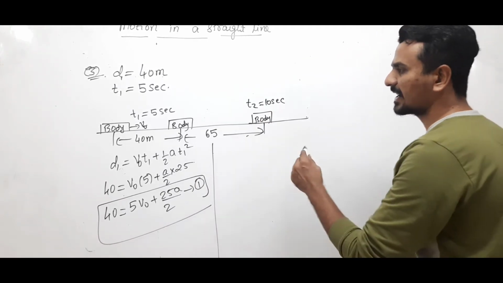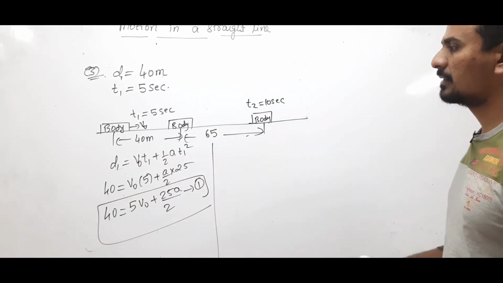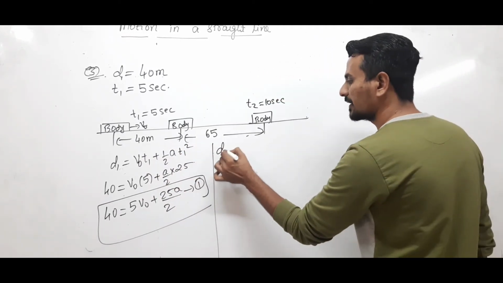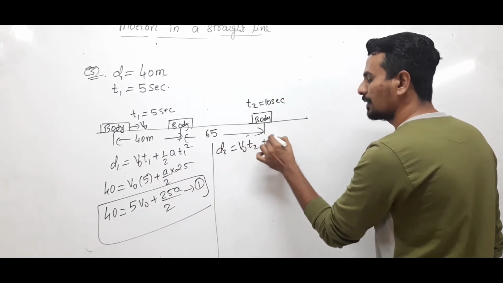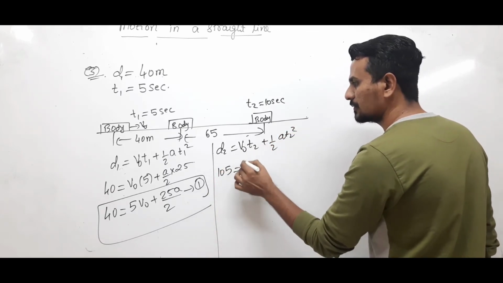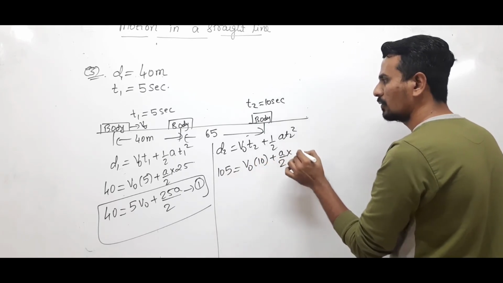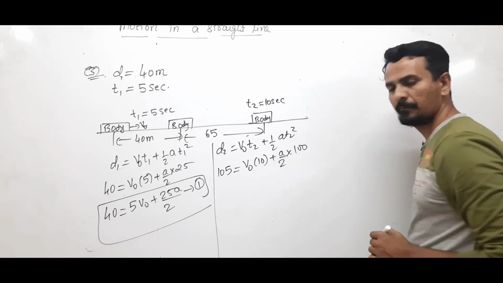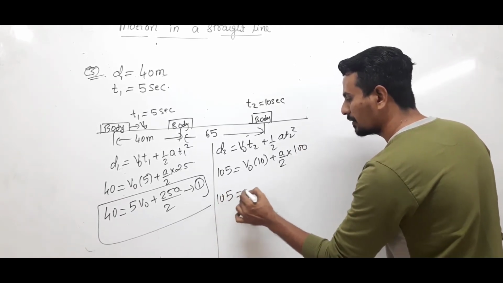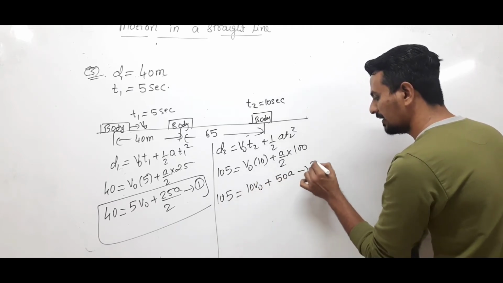Now in 10 seconds, total distance covered will be 40 plus 65, that is 105. So now we will make use of the other equation, v0 t2 plus half a t2 square. This will be 105 equals v0 into 10 plus a by 2 into 10 square, that is 100. So 105 equals 10 v0 plus 50a. This will be the second equation.